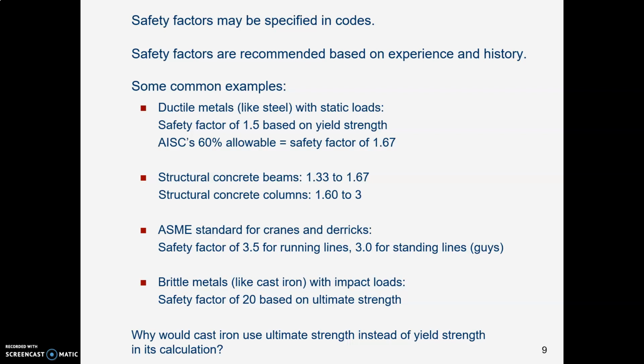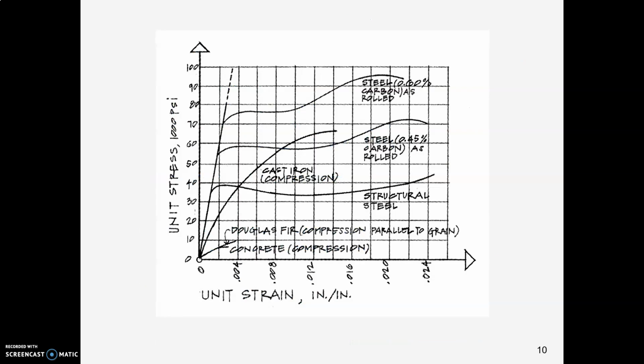Well, you might remember that brittle materials, like cast iron, this curvy line in the stress-strain diagram, do not give warning of impending failure. They look fine until all of a sudden they're not fine at all and they break.